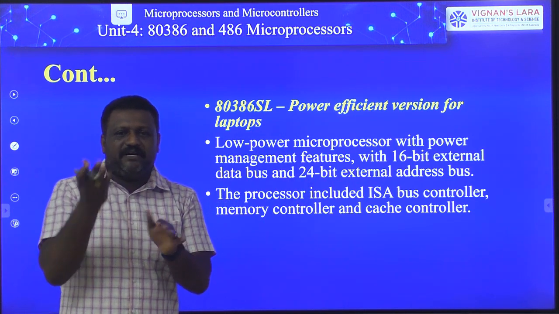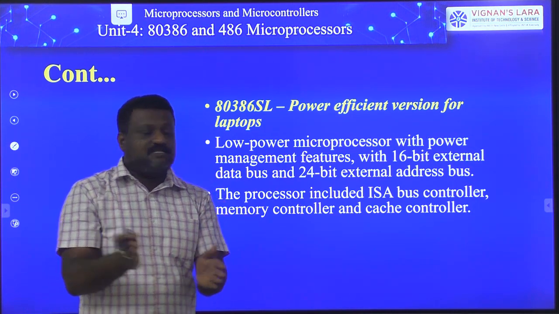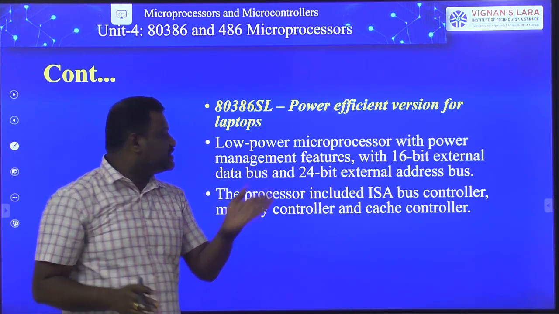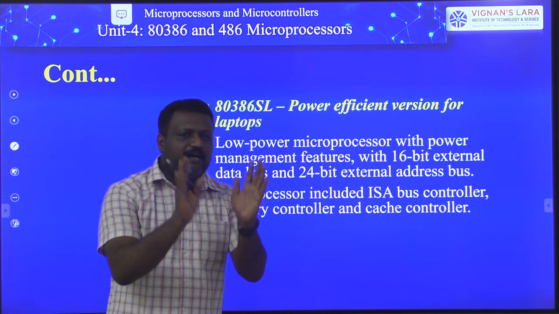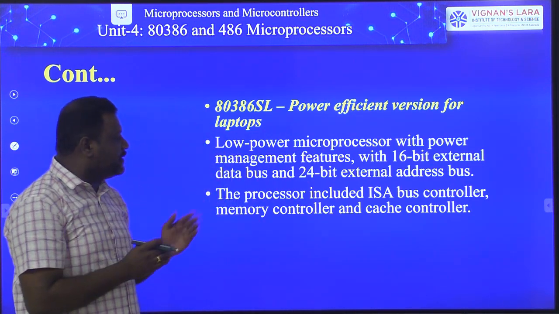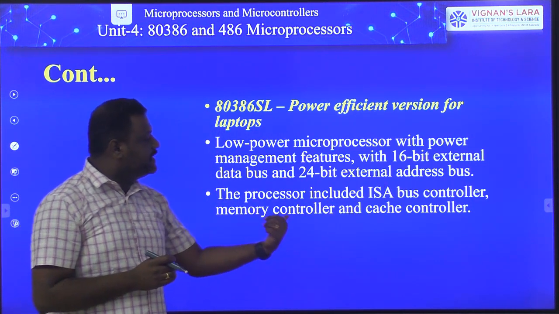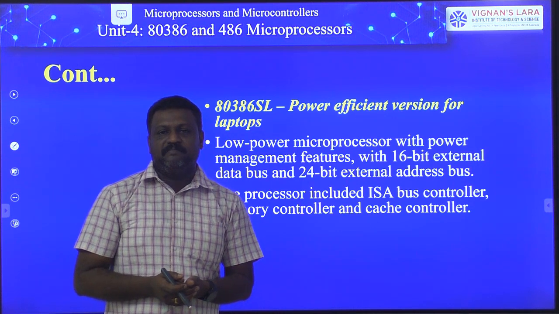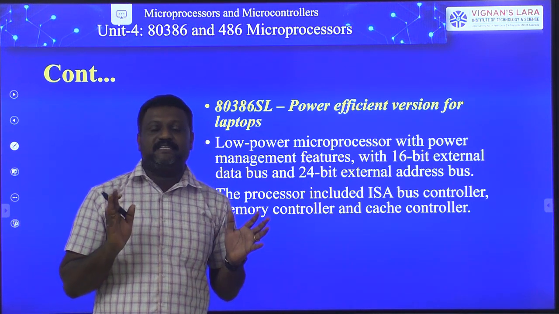It just looks like our 80386SX, but the difference is that it consumes less power because it has a power management feature. It is suitable for laptops. The processor includes an ISA bus controller, a memory controller and a cache controller. These are the general features of the 80386SL.